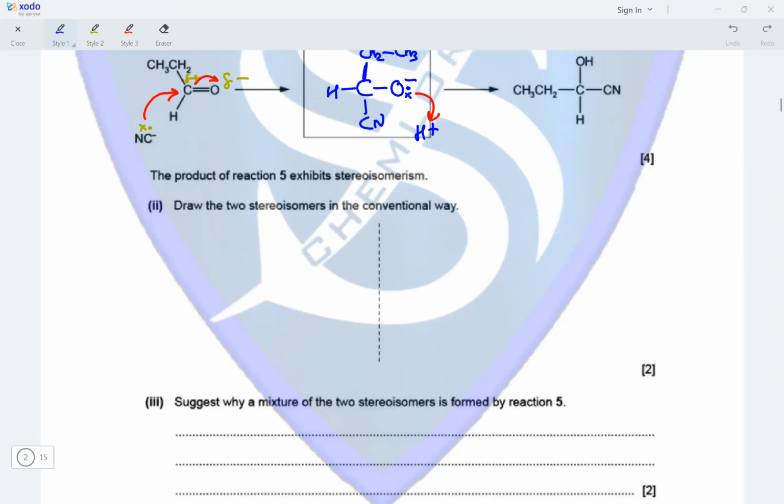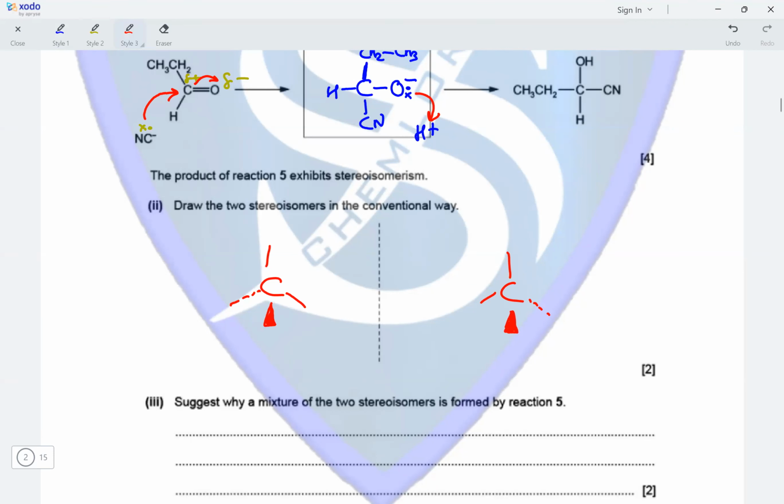The product of reaction 5 exhibits stereoisomerism. Draw the two stereoisomers in the conventional way. So the conventional way is to have a central carbon atom with two solid lines, a wedge, and a dotted line forming the fourth bond.